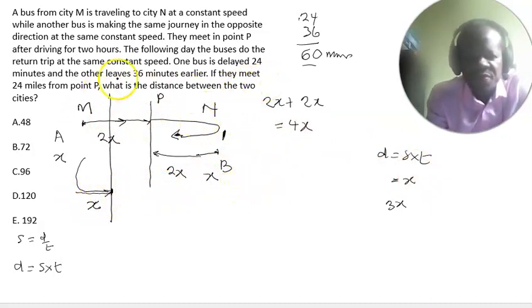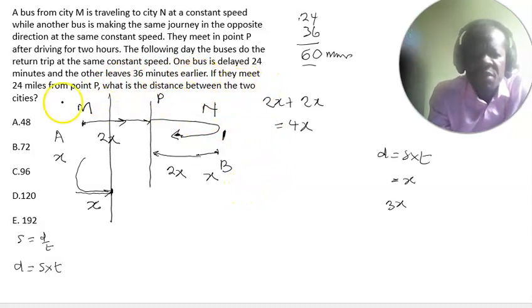So let's continue. If they meet 24 miles from P, so if this one has been traveling for 1 hour, so this one will travel a distance longer than the other one. So if this is P, let's assume the two of them meet.